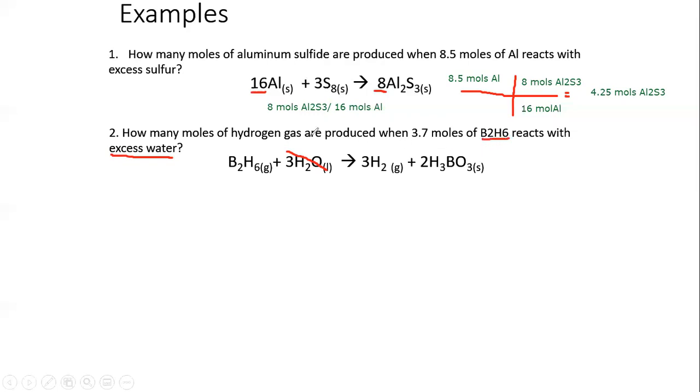And we want to know how much hydrogen gas is produced when we have 3.7 moles of B2H6. So again, 1 mole of B2H6 gives us 3 moles of hydrogen. So since we're starting with B2H6, it's going to go on the bottom in our mole ratio, and hydrogen goes on top.